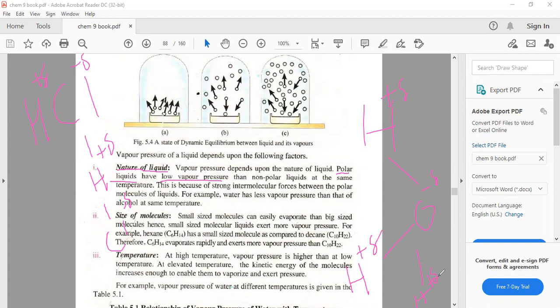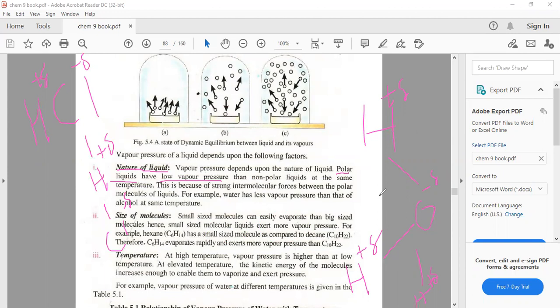And as we know, water has hydrogen bonding, which is an intermolecular force, and HCl has a dipole-dipole interaction, which is also strong but less strong than hydrogen bonding. So if a strong intermolecular force is present between the molecules due to their polar nature, then those liquids have a low vapor pressure, meaning those liquids will vaporize very slowly.